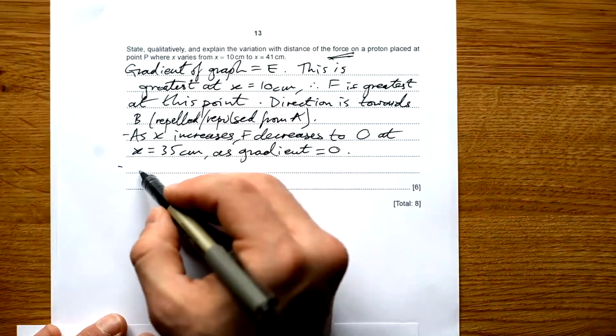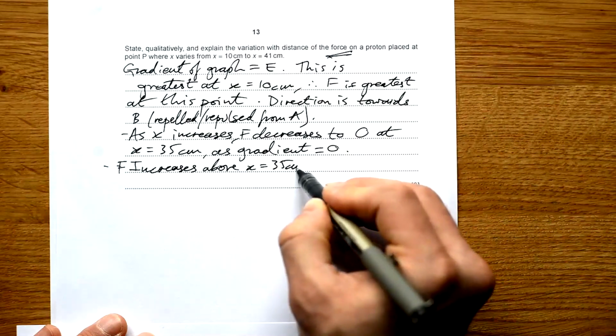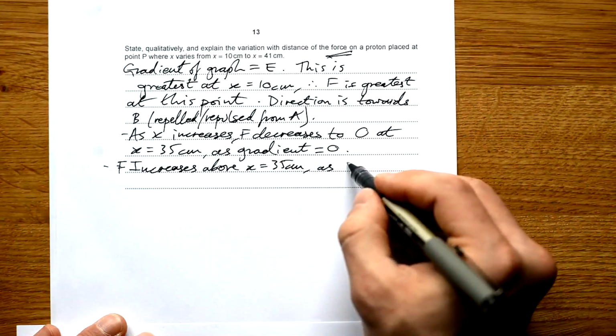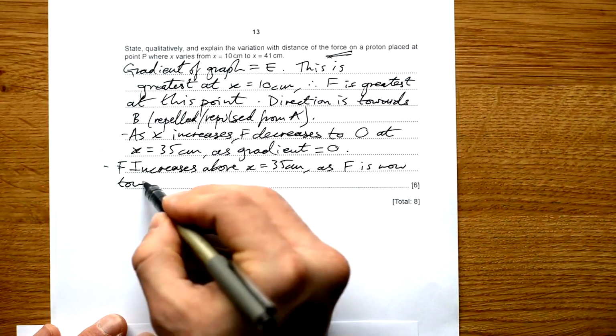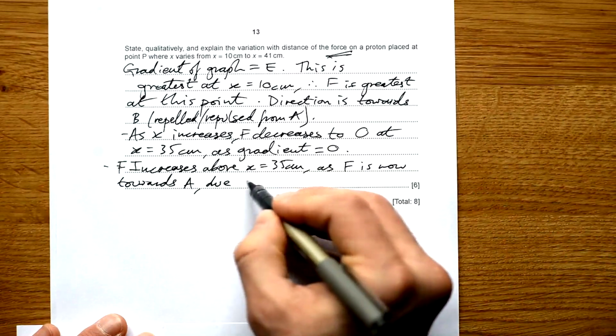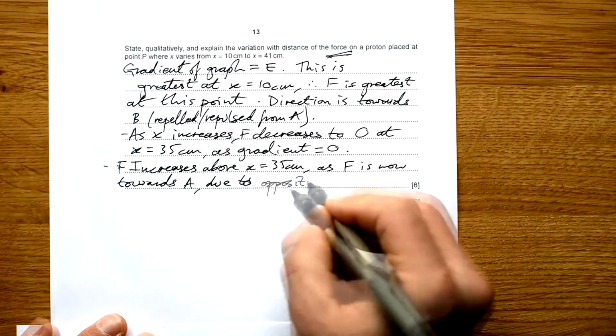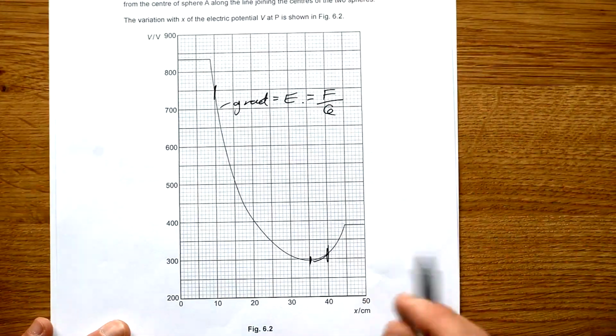Finally, it increases again above x equals 35 as force is now towards A due to opposite gradient. It is now positive at this point instead of negative.